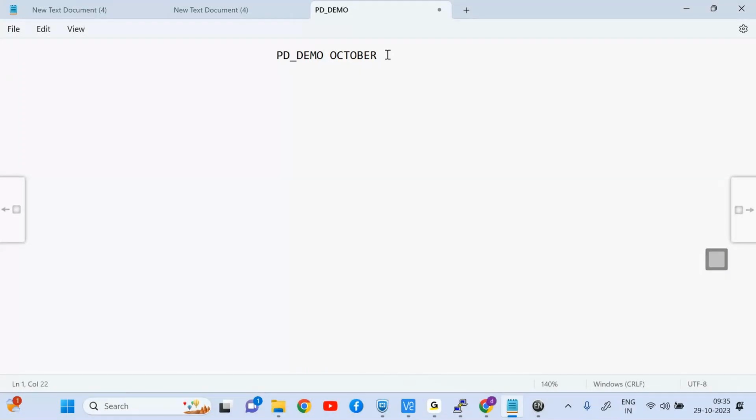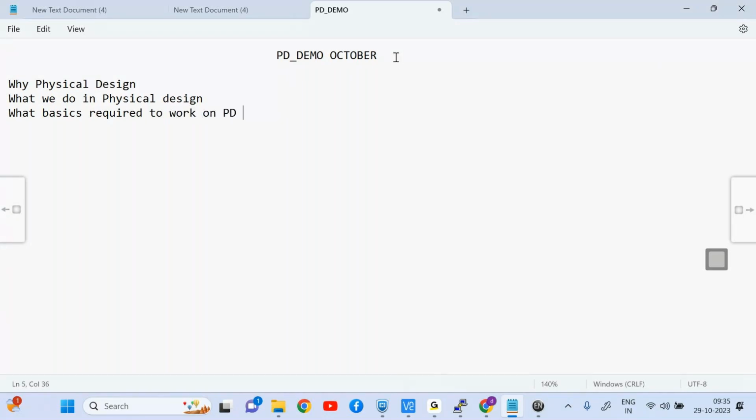So today we are here to discuss physical design demo. Our agenda is to discuss why physical design, what we do in physical design, what basics are required to work on physical design (PD).